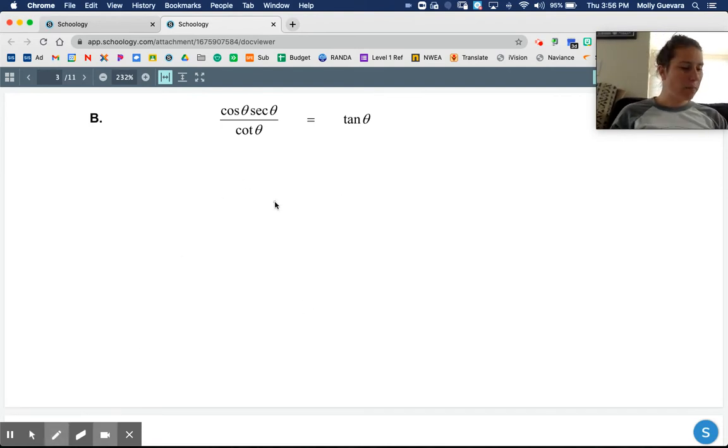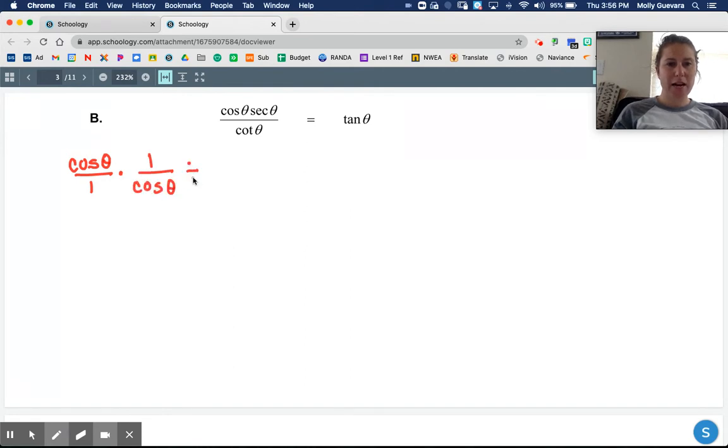Okay, so let's look at B. Cosine of theta times secant of theta divided by cotangent of theta. So I'm going to write this out all in terms of sine and cosine. So I have cosine of theta over 1 times secant of theta, which is 1 over cosine of theta.